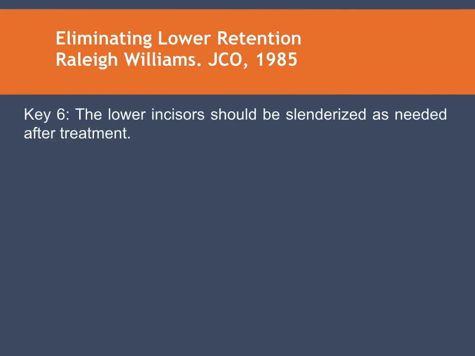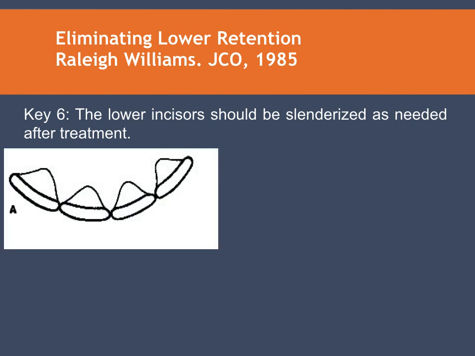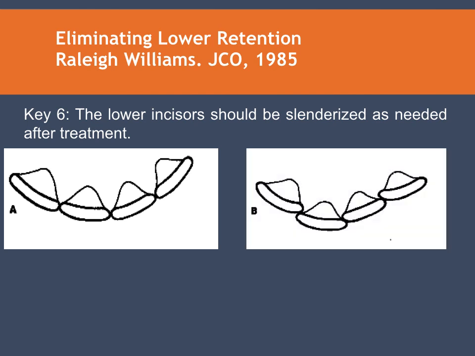Key 6 is very important. It says that you should slenderize, that means do proximal stripping of your lower anteriors just before debonding the case. That makes a lot of sense, because if you see, this is post-treatment, where you have your incisors well aligned, but normally because of the shape of the incisors, you are going to have a point contact between the incisors. Since it's a point contact, there are very high chances that they can slip past each other.